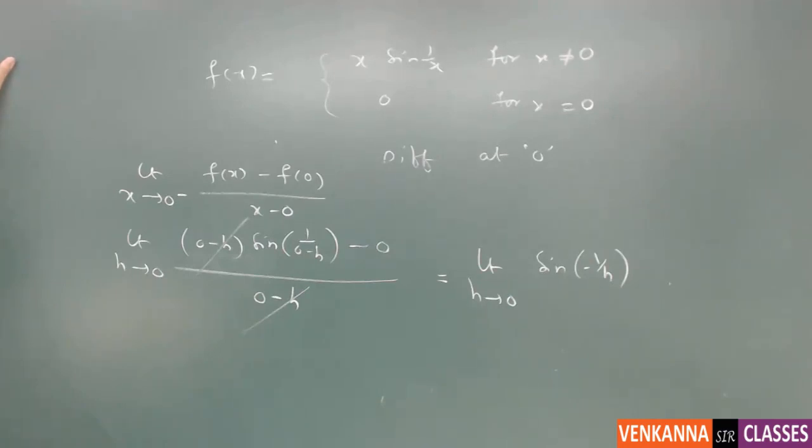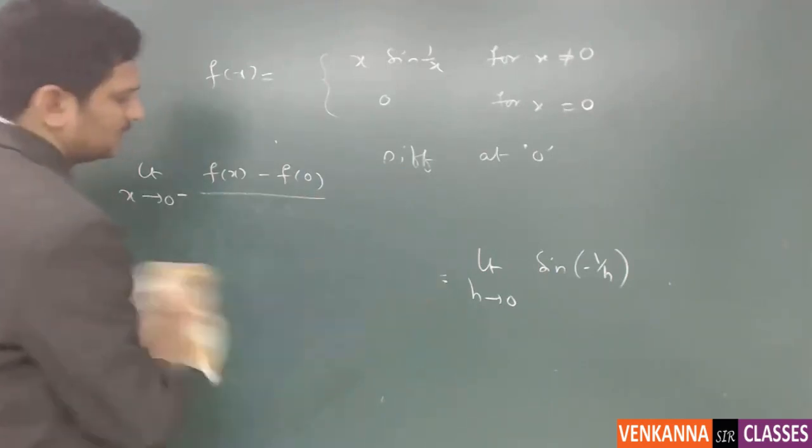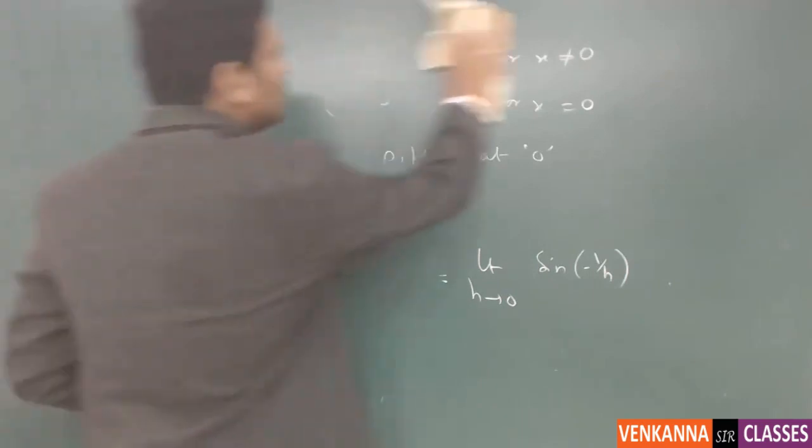Any questions for this problem? Are you clear with this? So, do you need to calculate the right hand derivative too, or not necessary? Fine. Then one interesting thing you can consider with regard to this kind of question was asked earlier in UPSC.